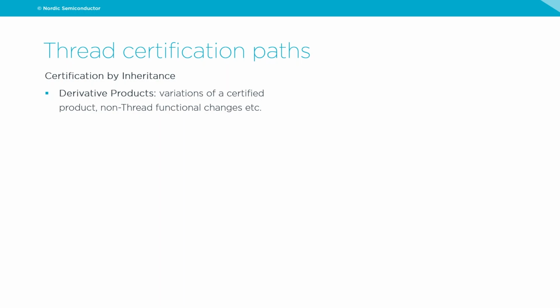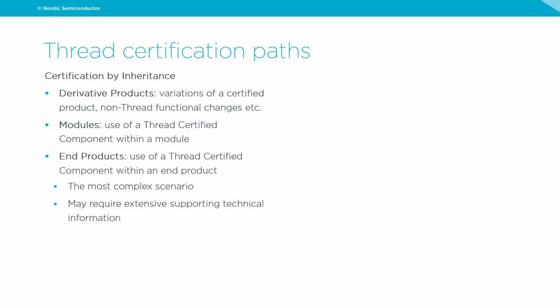This is typically the simplest scenario, which applies for variations of a certified product, typically within a member's own product family, or to certify a device which got non-Thread functional changes, cosmetic changes, etc. This path is also applicable for use of a certified system, so a stack and chip combination within a module.